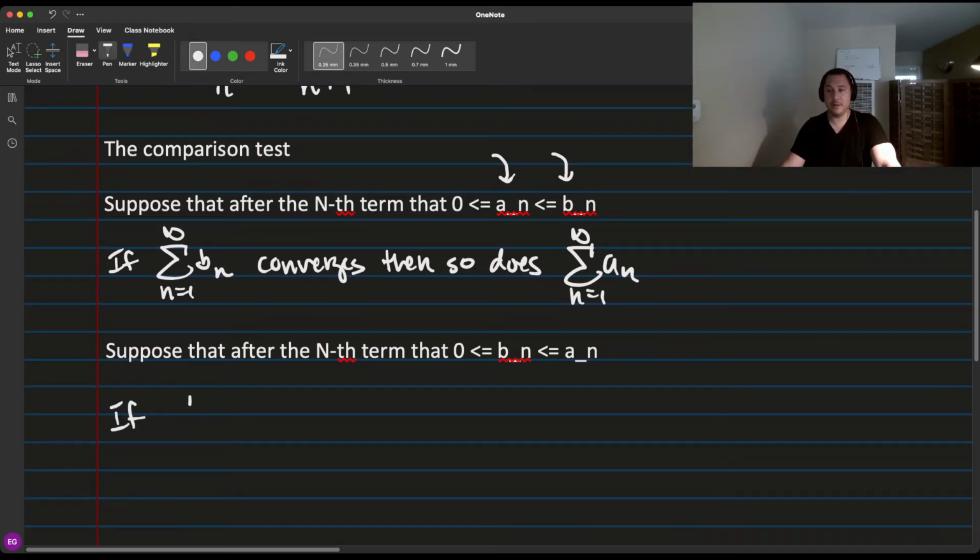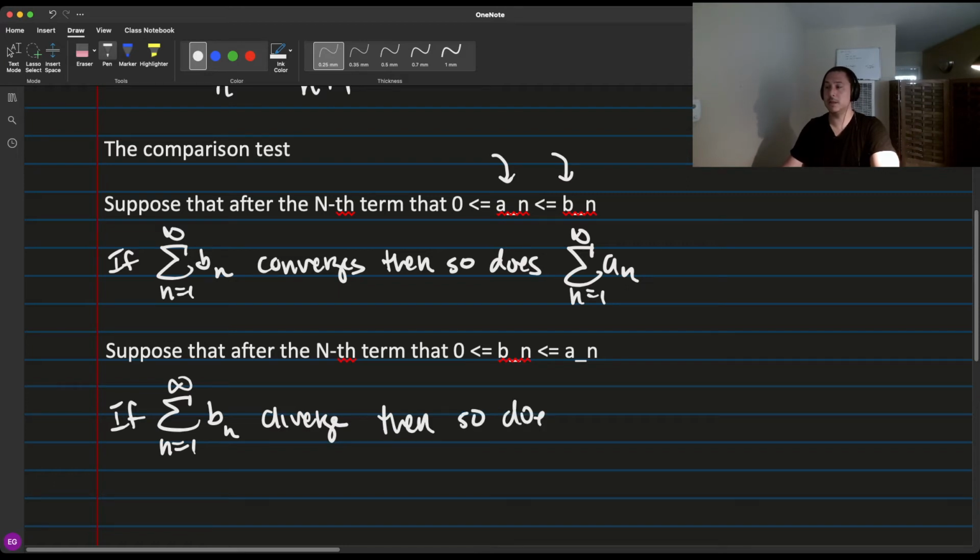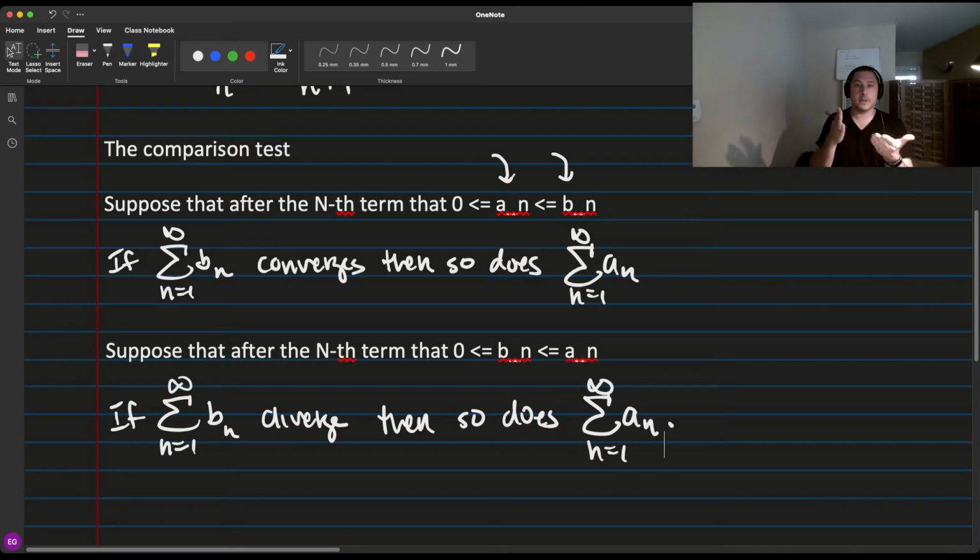So if the sum of the bn terms diverges, then so does the sum of the an terms. Now this should make sense because the ans are always larger than the bns. If the bns diverge, that means they're large enough, something happens so that they diverge. Anything bigger than that should also diverge, is the whole idea.